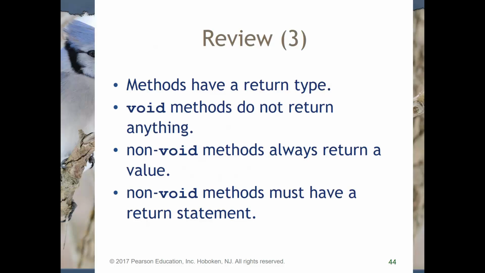Methods have a return type, always. That return type might be void, meaning don't look for my value because you're not going to get it, or non-void methods such as int or other things that we'll learn about in a little bit. Non-void methods must have a return statement. In other words, if you say int and a method name, that must have a return value, and it must be int.